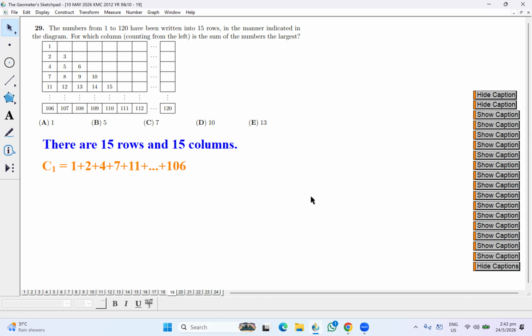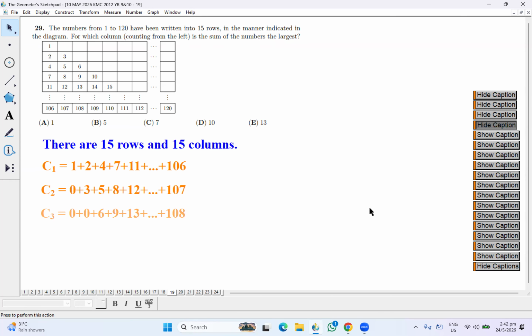Then we write down column 1. We don't calculate, we just write down the numbers: 15 terms, 1, 2, 4, 7, 11, up to 106. Then column 2. I want to have 15 terms, so I put 0 at the start, because the first number is blank.